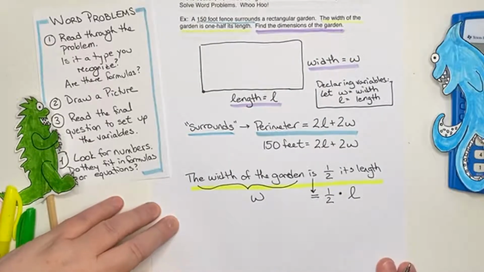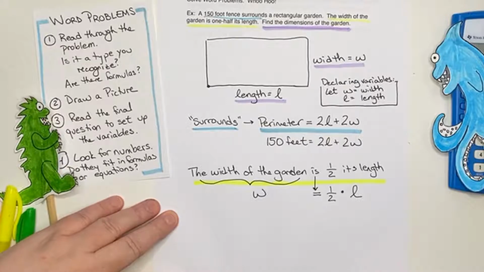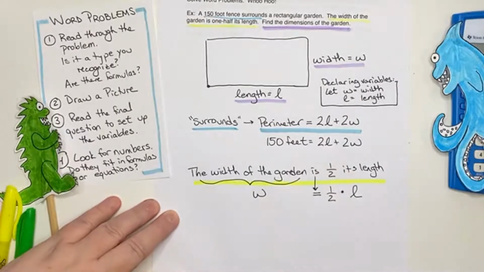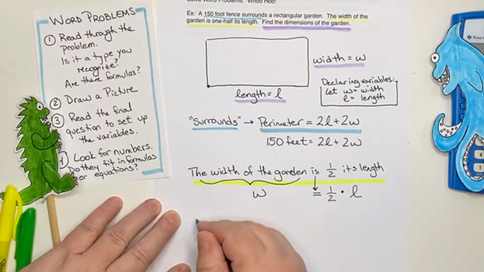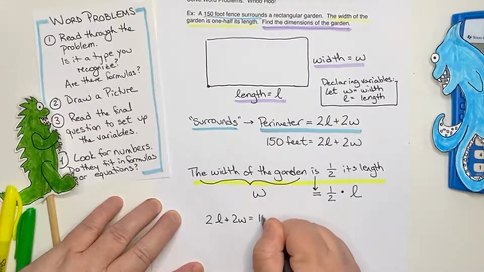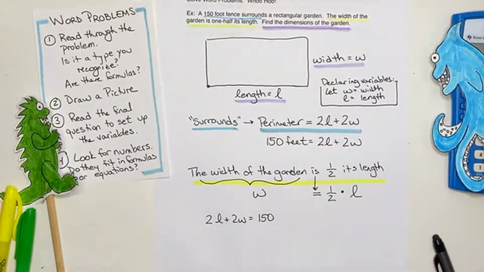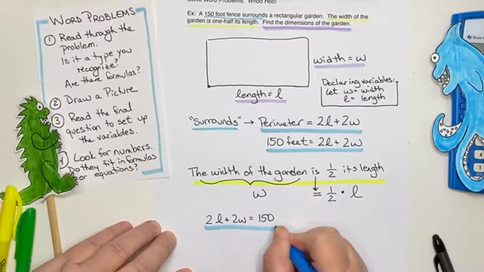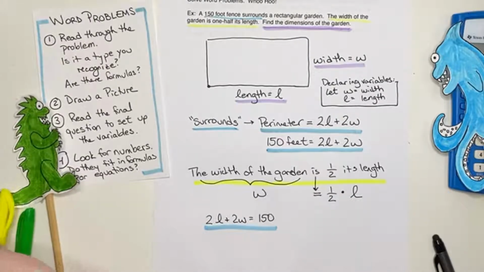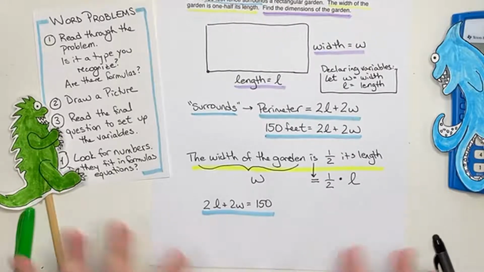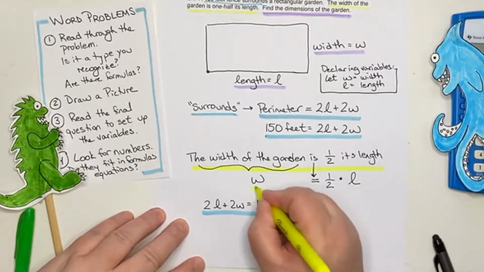So what I said in the introduction was that these are going to be problems where we're not just looking for one equation, we're looking for two equations. So you'll notice we've got the blue equation, 2L plus 2W equals 150. That's the blue information right here. And then I also have, notice I left out the feet because when we start to get into the math, you don't include the units.